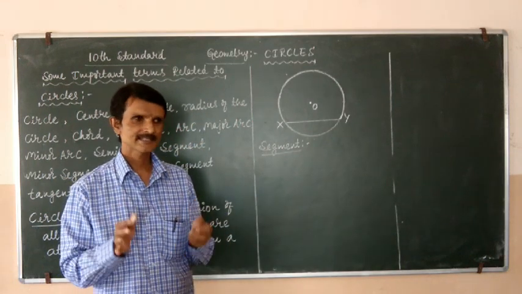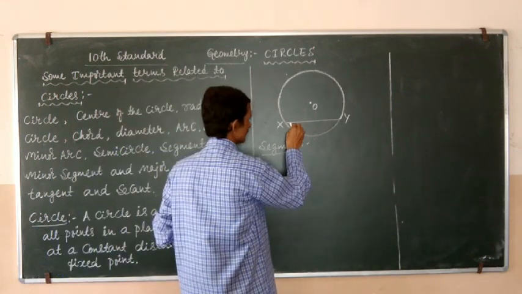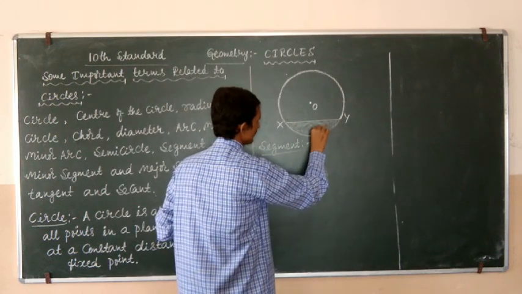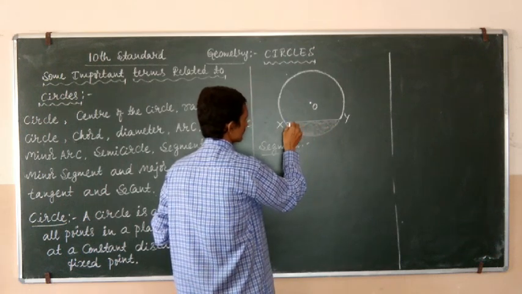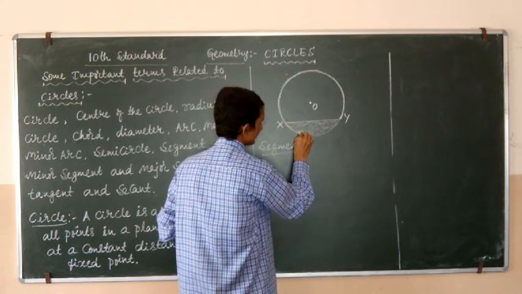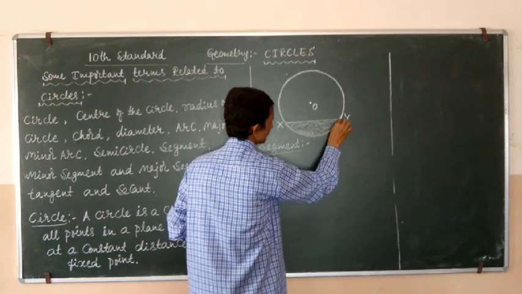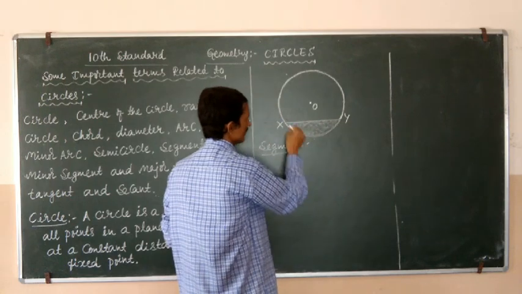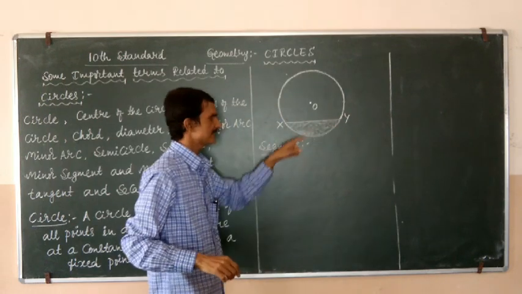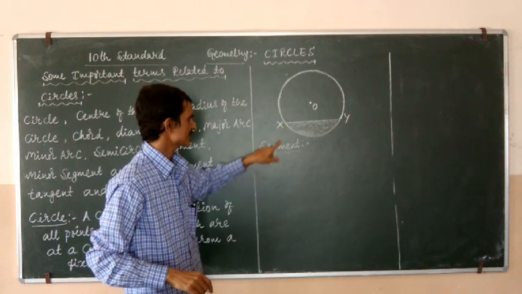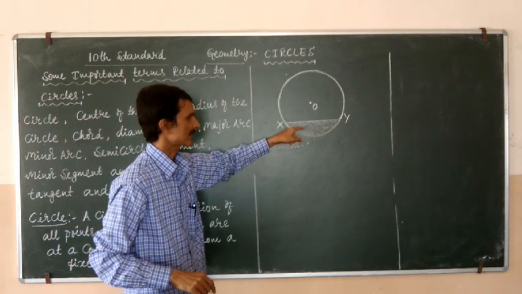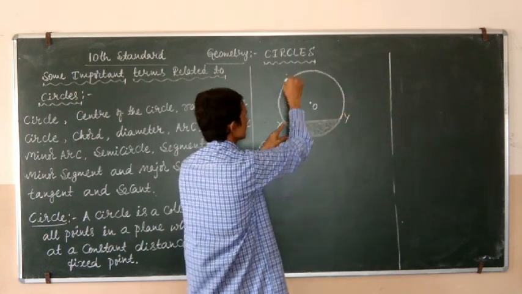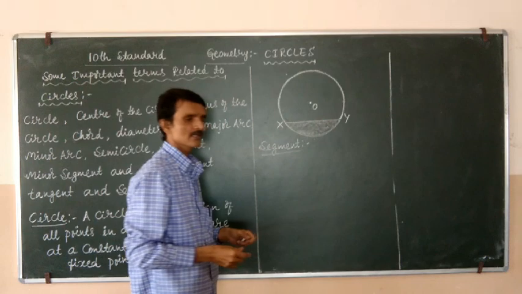It is the area which is bounded or covered by an arc and the chord. This is called a segment. This is one segment. So this is also another segment.